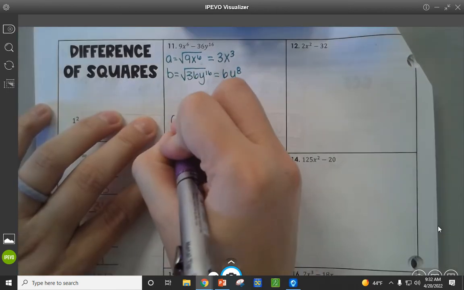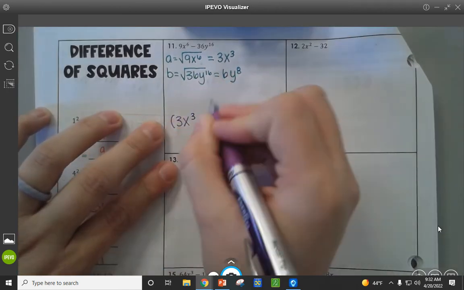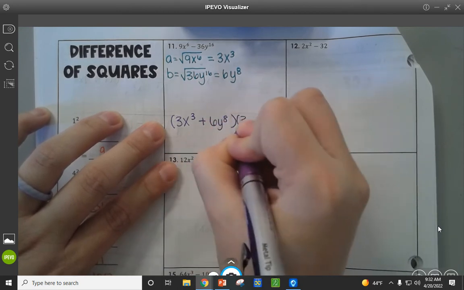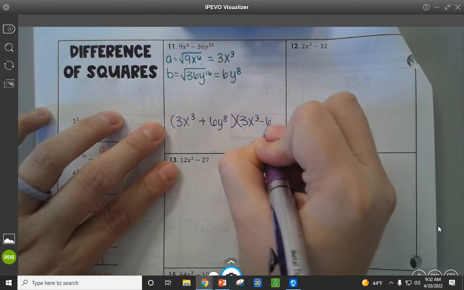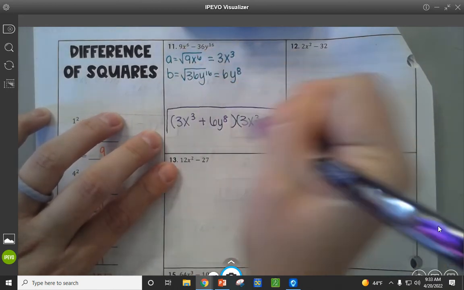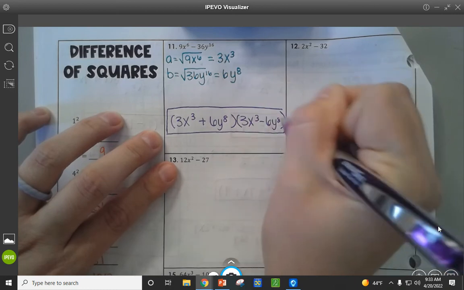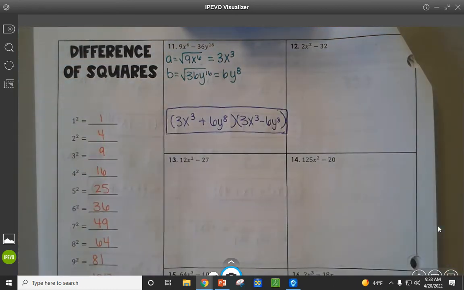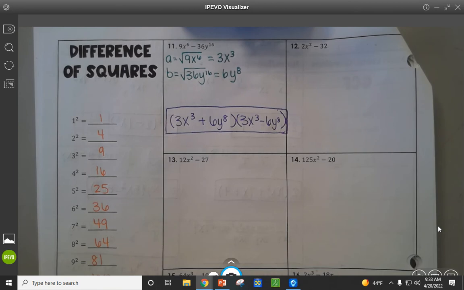So my answer is 3x cubed plus 6y to the 8th, 3x cubed minus 6y to the 8th. And I actually messed up.